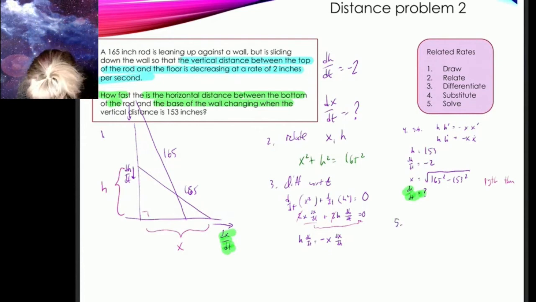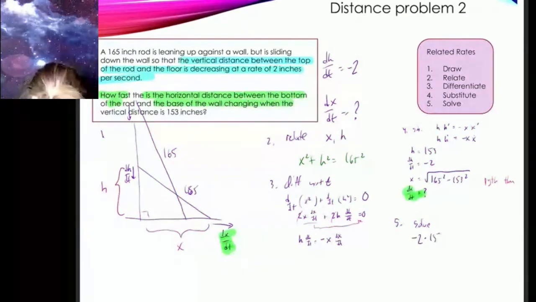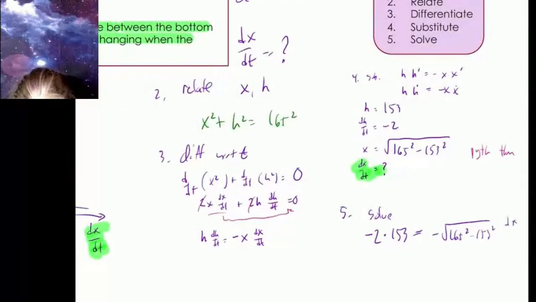So now I'm going to solve. What am I going to solve? I'm going to solve minus 2 times 153 equals minus the square root of 165 squared minus 153 squared times dx/dt.